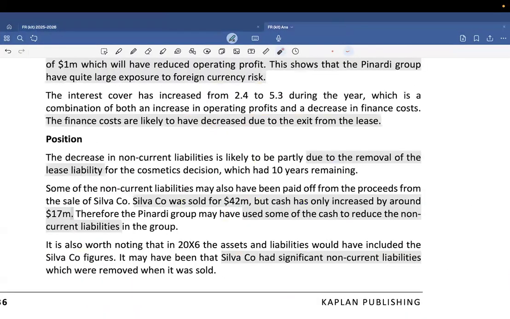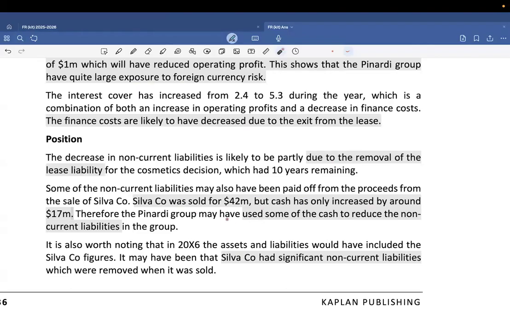Because they have quit the lease liability, so there is no more non-current liability out of the lease. And the chances are that some non-current liabilities would also have been paid off. So that is why it is proportionately more in decreasing.